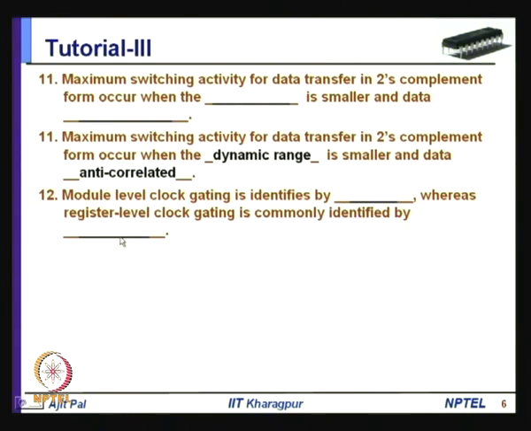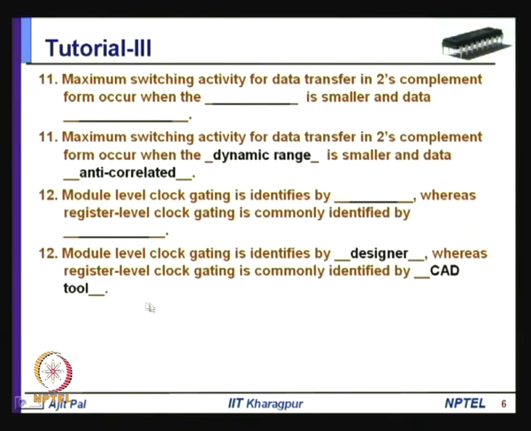You may recall that whenever you are using power gating, you can use some automated CAD tool, but whenever module level clock gating is done, I mean here it is clock gating not power gating, the clock gating is done at module level, say ALU, then transmitter, receiver, when they will be off, these are usually identified by the user.